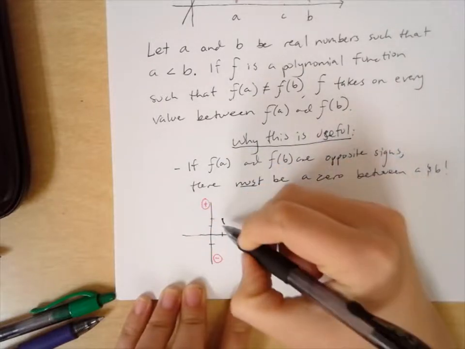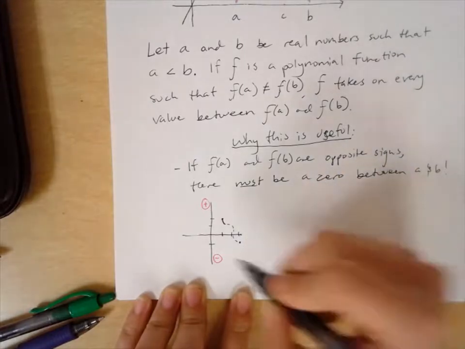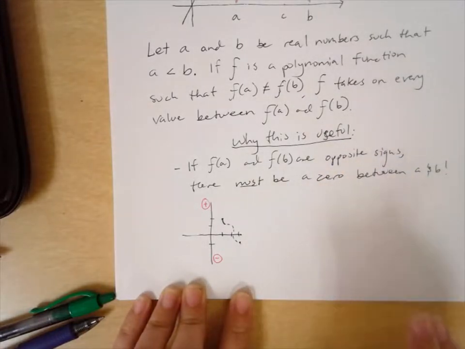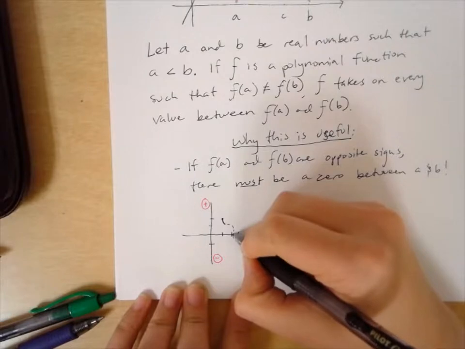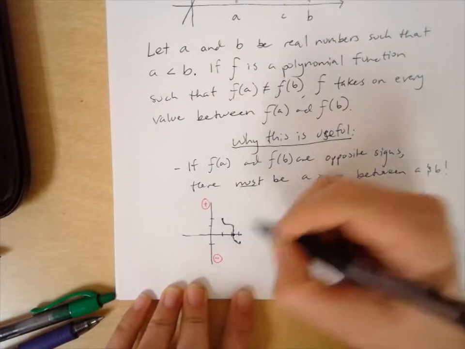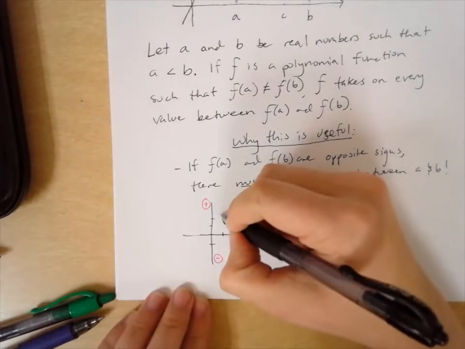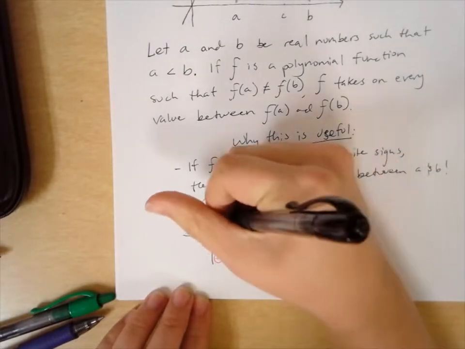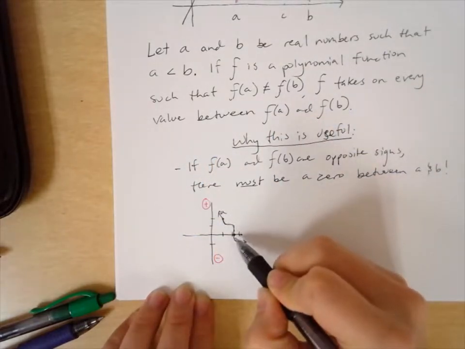It might do some funky stuff. It might go up and down, but we know for sure it has to go from here to here without stopping. That means that it must cross the x-axis at some point, let's say right here, and it would have a 0 between this A and this B value. Between this A and this B, there would have to be a 0.